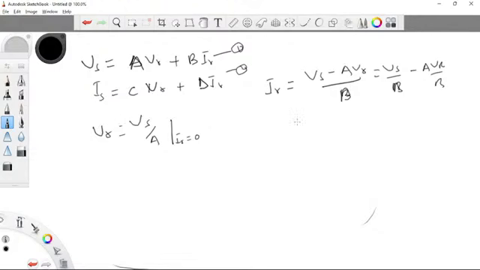Now you should know that S, or apparent power, is always VR IR conjugate. This will give you PR plus j QR. So we have our IR here. We take the conjugate of this and multiply by our VR. First let's take our VS as an angle.